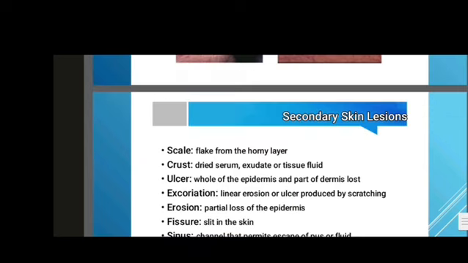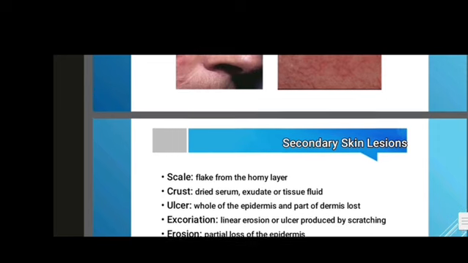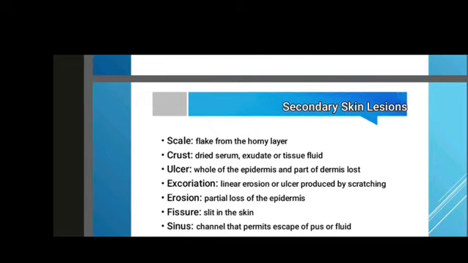When we come to secondary skin lesions, as I have defined before, a secondary skin lesion is any modification to the primary skin lesion. Here we have important dermatological terms other than the primary skin lesions.